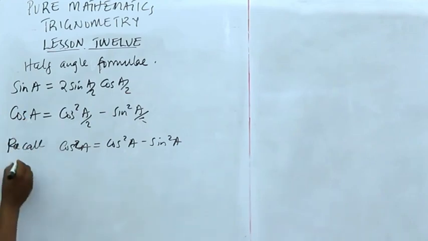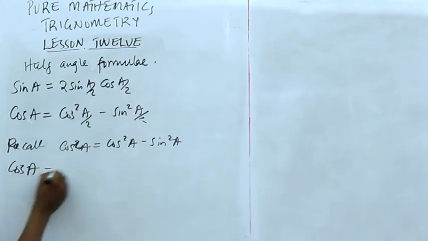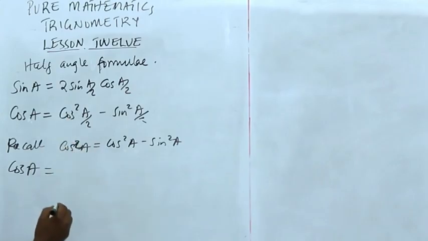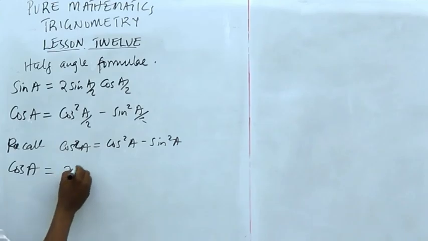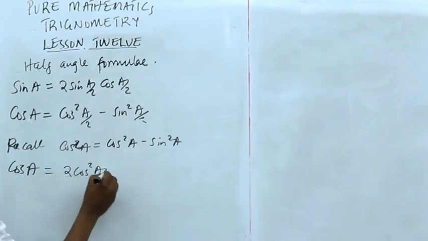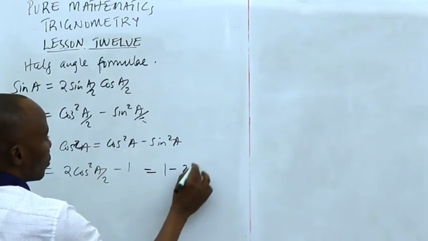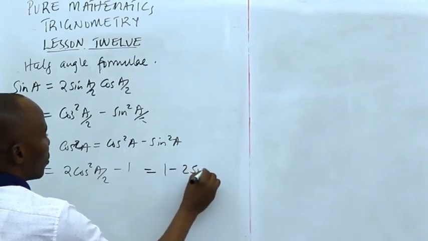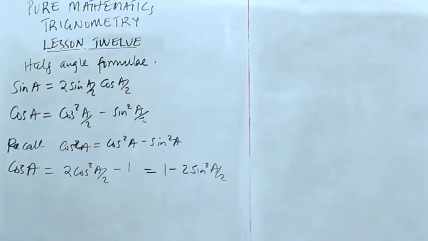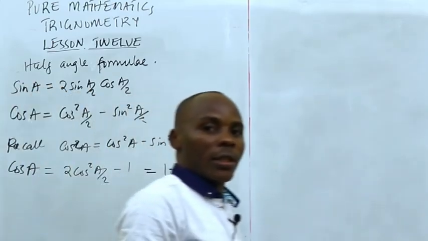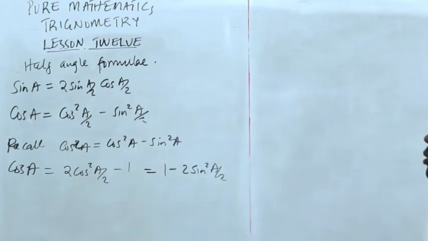So back here, cos of A can also be 2 cos squared A over 2 minus 1. And it can also be 1 minus 2 sine squared of A over 2.